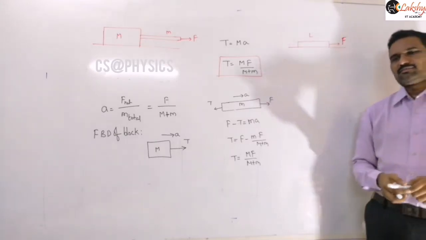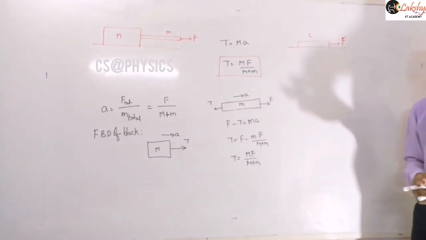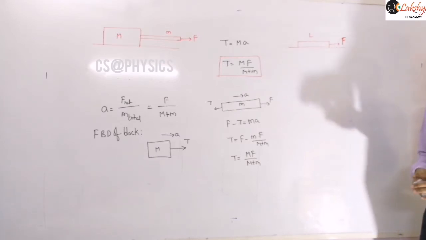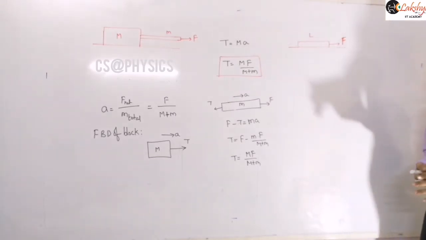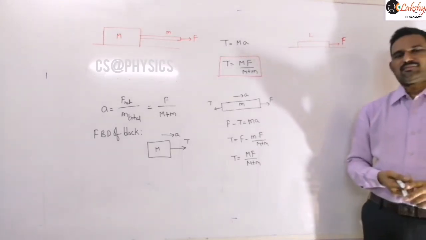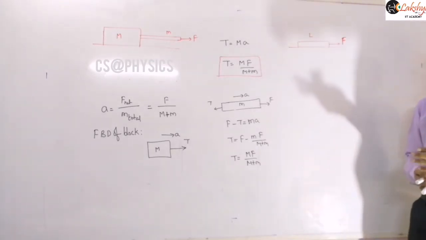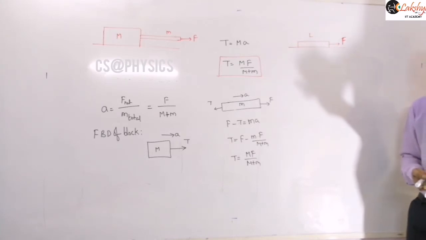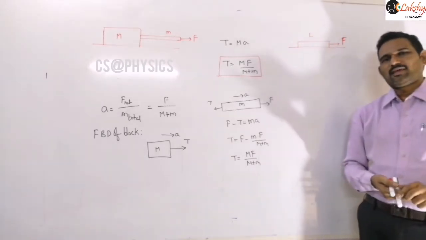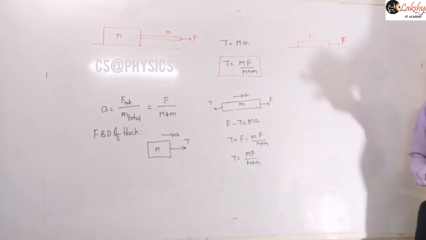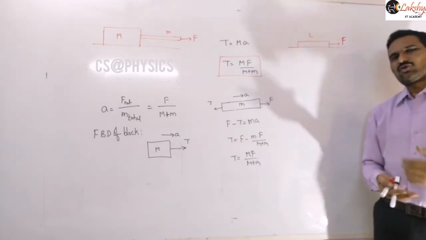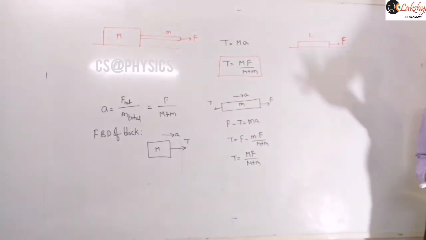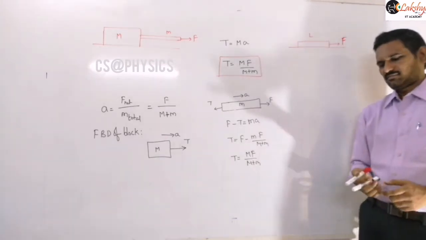It is pulled by applying a horizontal force F. Then find the tension in the string at a distance x from the free end of the string, right?